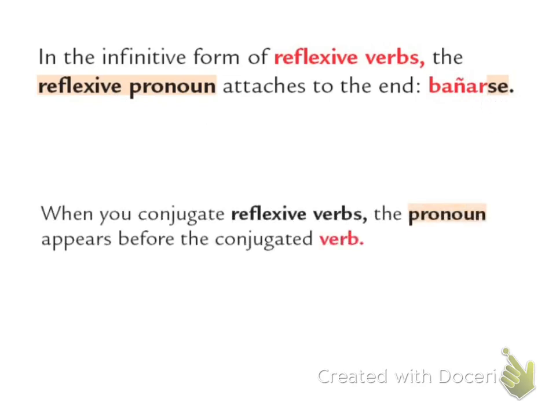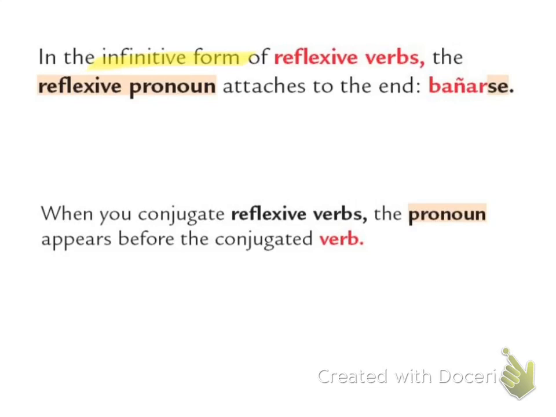However, whenever you conjugate, the pronoun appears before the conjugated verb. So, to quickly jot something down with this, you might want to write infinitive. Oh, that's not the highlighter. Been doing that several times today. Yeah, use your style. You think I'm more accurate with that?